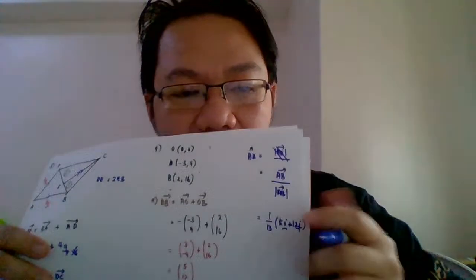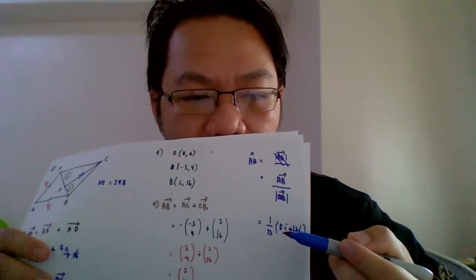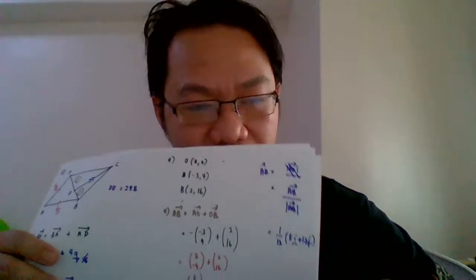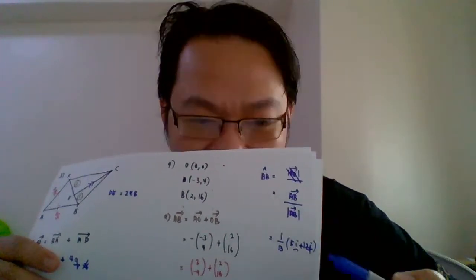It becomes 1 over 13 bracket 5i plus 12j. This is our answer. If you don't like this, we can expand inside. It becomes 5 over 13i plus 12 over 13j.